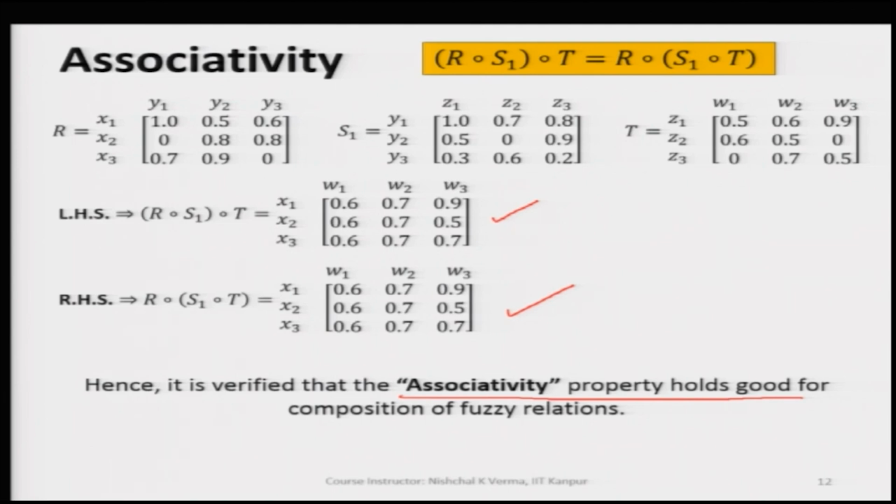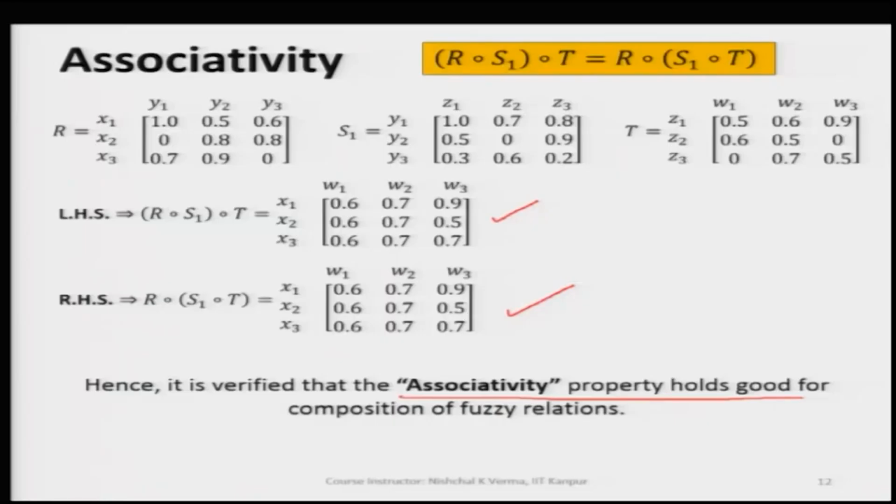And with this example, we are able to understand that if we take any three fuzzy relations and apply the associativity property, with either the max-min or max-product, this property is well satisfied. In other words, the associativity property for composition of fuzzy relations holds good.